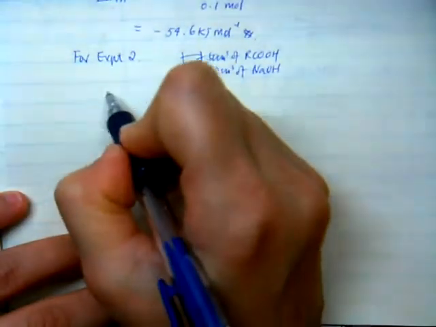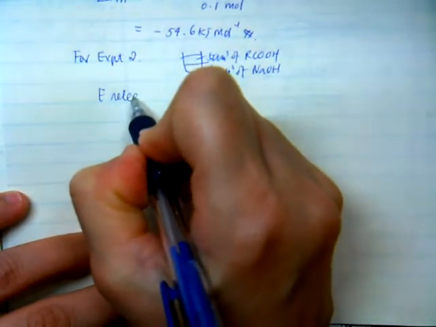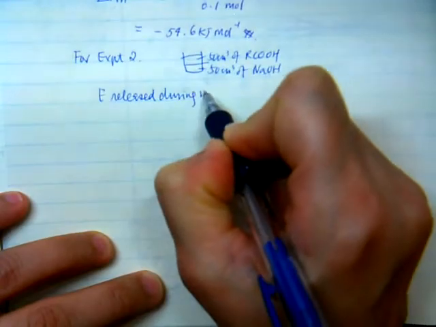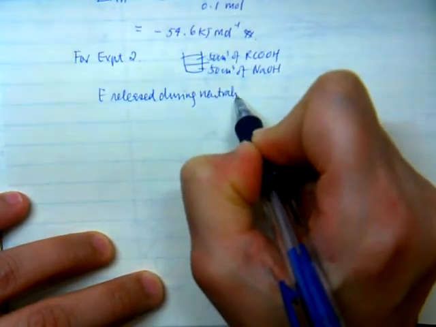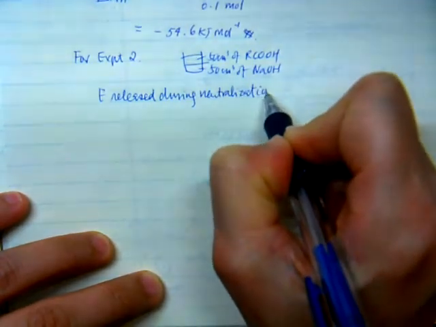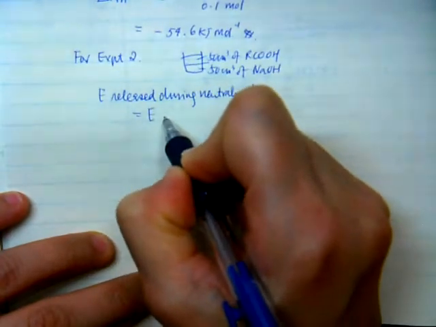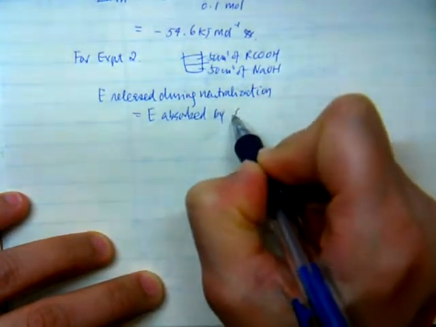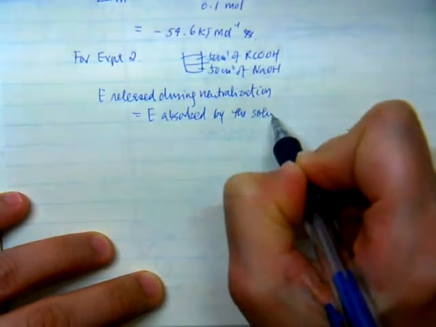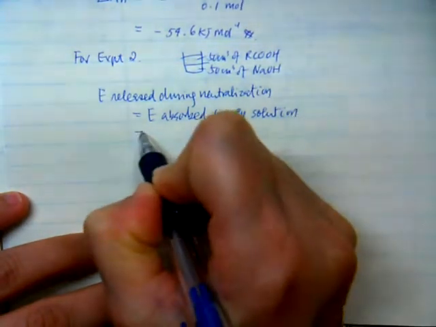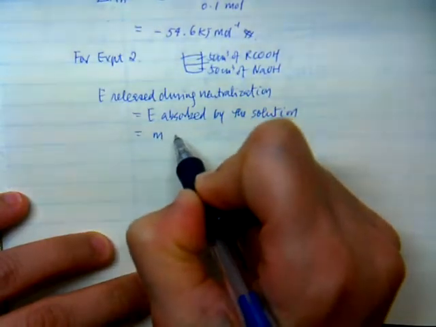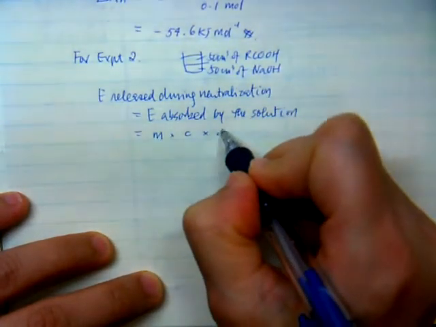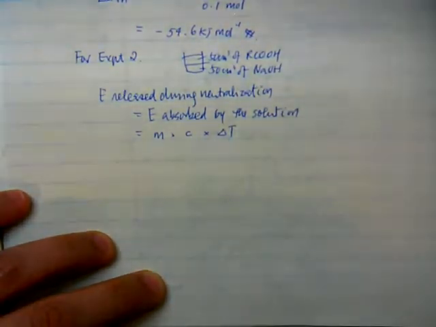So the energy released during neutralization is absorbed by the solution, which is mass of solution times specific heat capacity of solution times ΔT of solution.